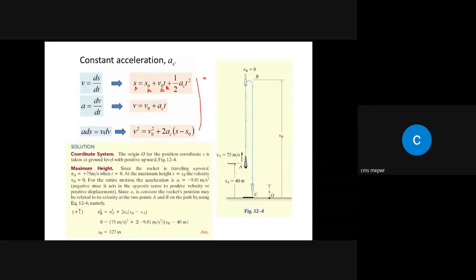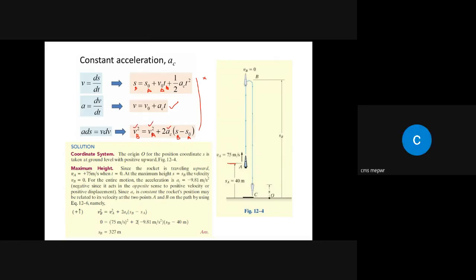Okay, what if I use this one as VB, this one as A? I am not using this one because it doesn't have the S term. If I use this as SB and this one as SA, do we have VB?